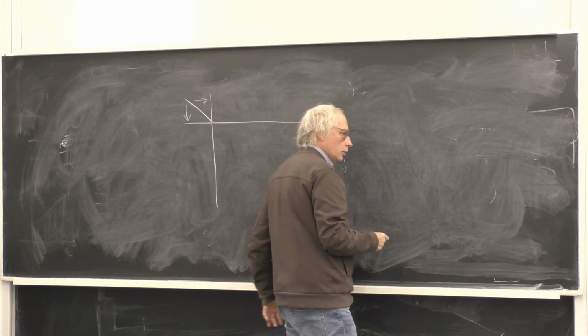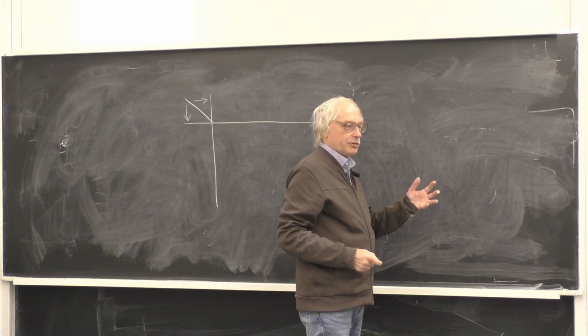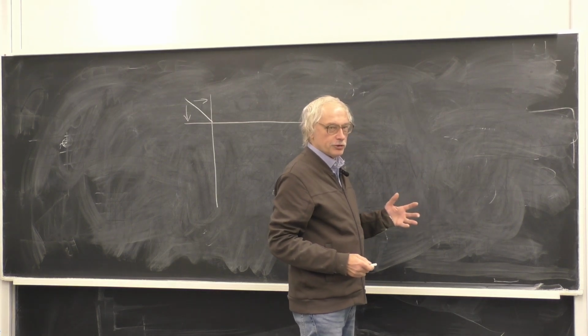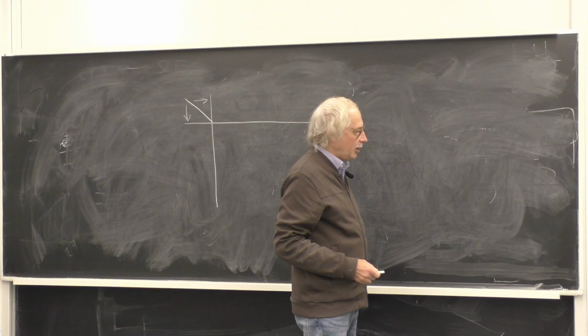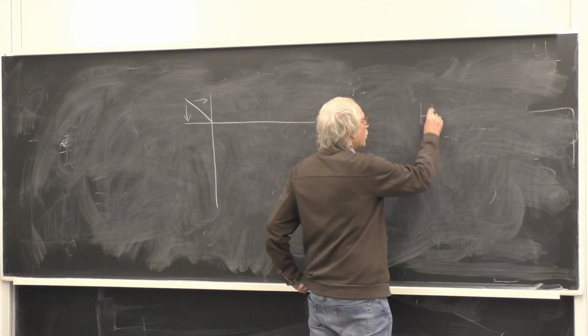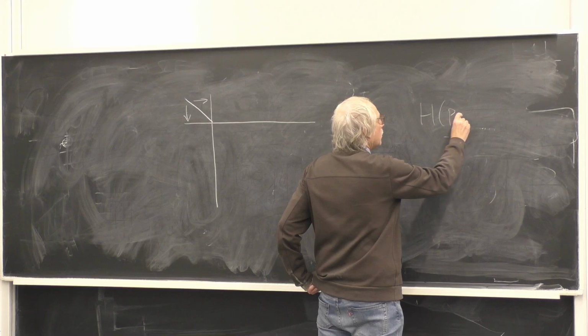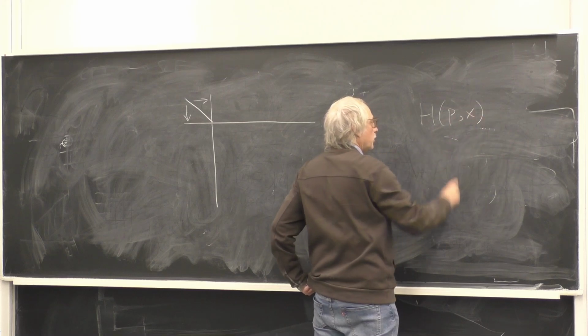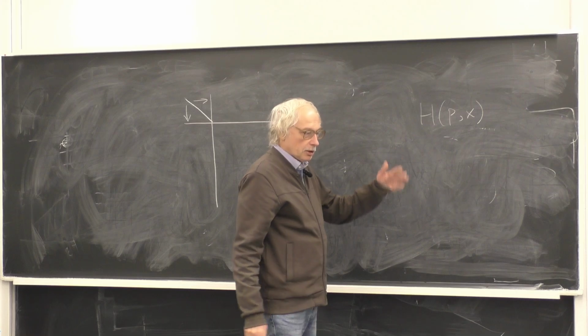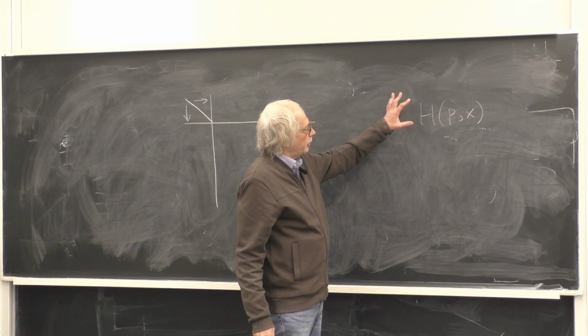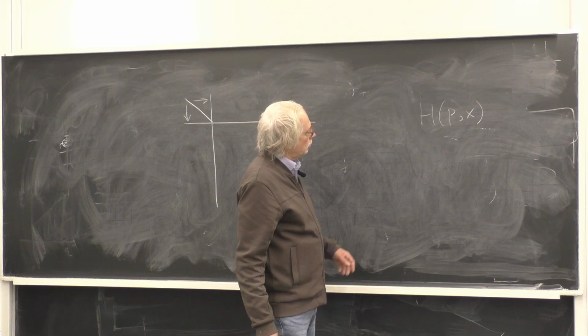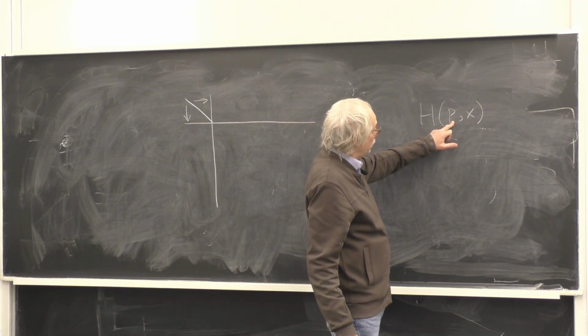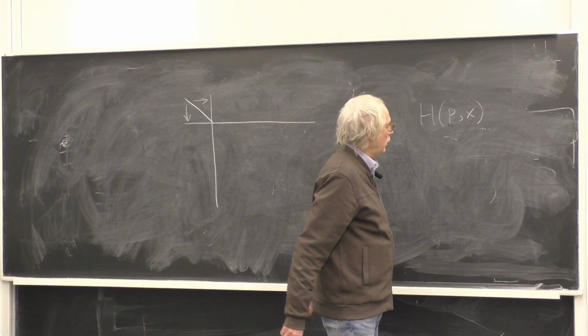We have discussed models of different types, Calogero-Moser models, Ruijsenaars-Schneider, and all of them are Hamiltonian systems, with some Hamiltonians depending on momenta and coordinates.